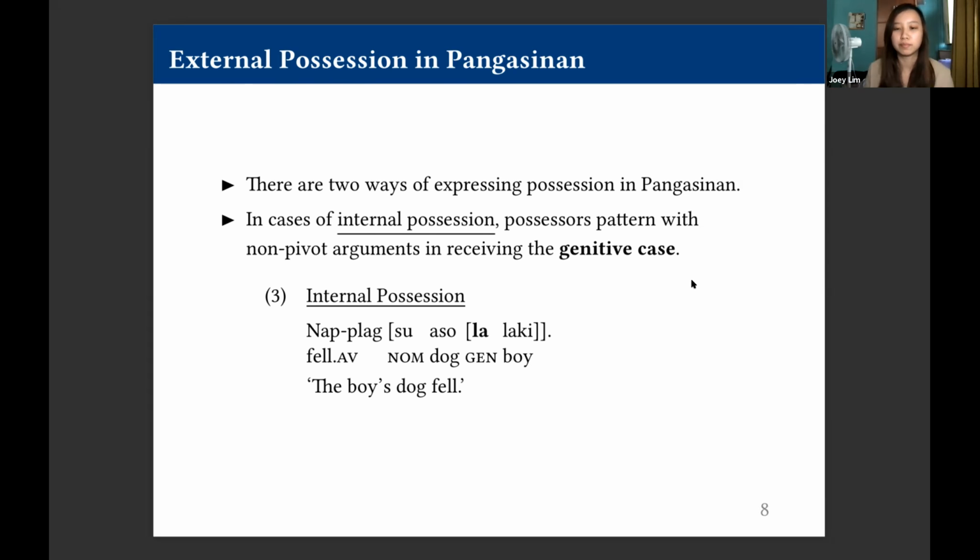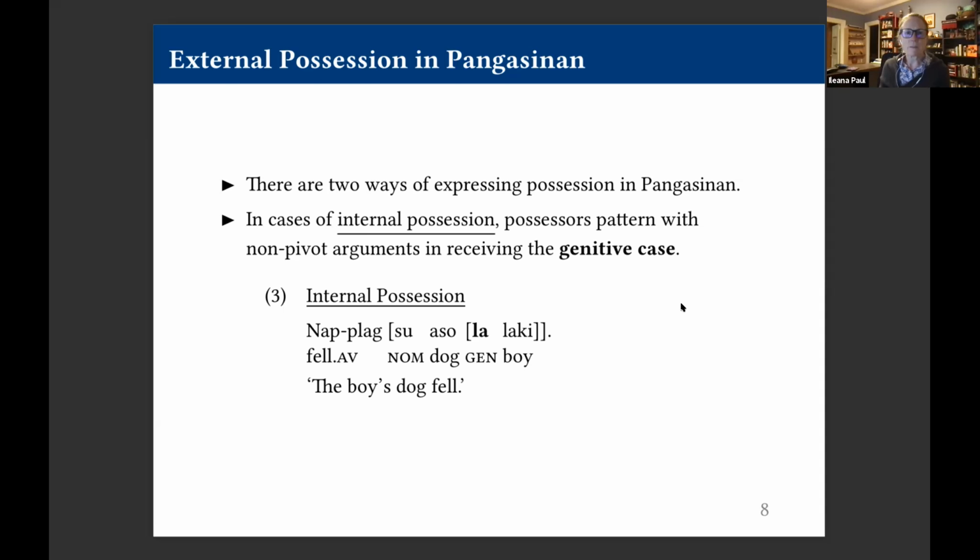Can you say, John's dog fell, with internal possession and a proper name? Yes. The specificity distinctions I proposed were for bare common nouns, internal or external possessors, and proper names behave differently in that they're specific no matter whether they are internally or externally possessed.